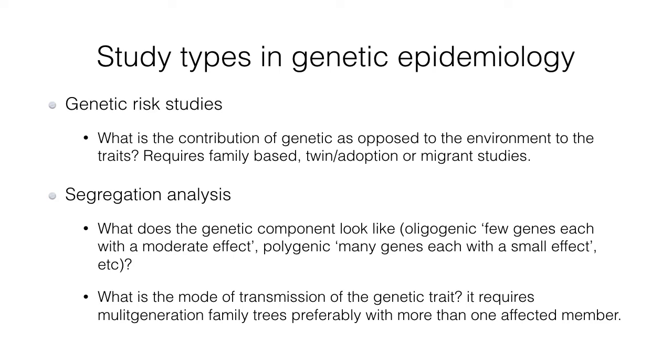In this type of analysis, we ask what the genetic component looks like, whether it involves multiple genes, many genes, each with a small effect, or any other effect. What is the mode of transmission? Autosomal, X-linked.